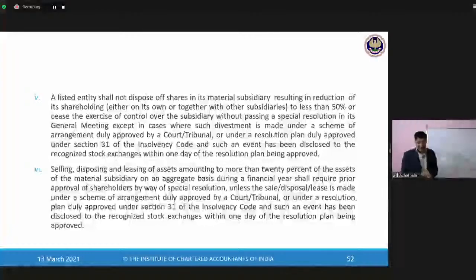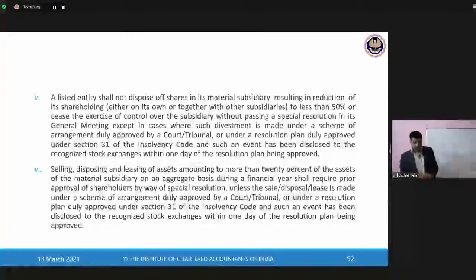Next, selling, disposing of, and leasing of assets amounting to more than 20% of the assets of the material subsidiary on an agreement basis shall require prior approval of the shareholders by way of special resolution, unless such scheme is cleared by the court.